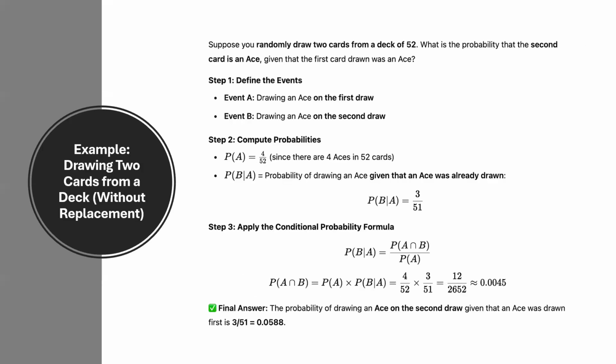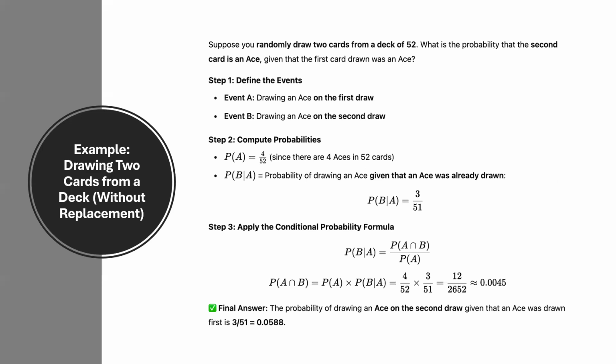We are asking what is the probability that the second card will be an ace when we have already drawn one ace from the deck. So there are two events. Event A, drawing an ace on the first draw, has already occurred. Event B, drawing an ace on the second draw.